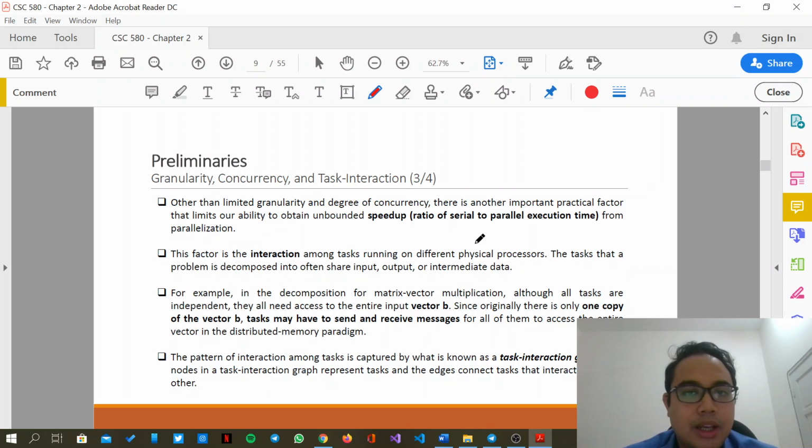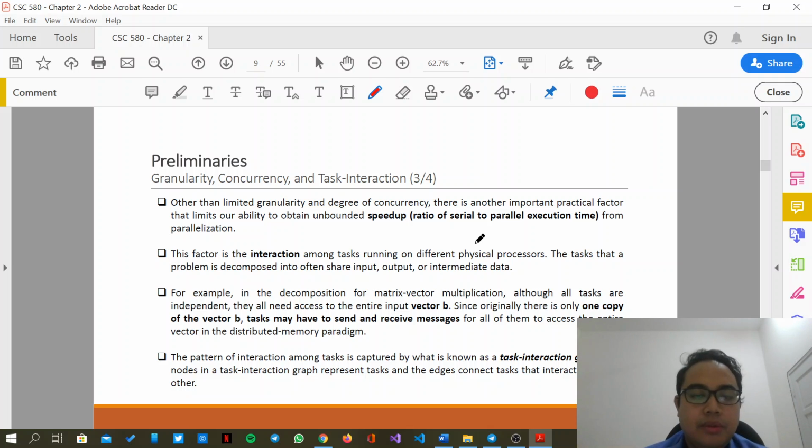Every task has interaction between them. Maksudnya in order for them to obtain data, okay, process A nak data from process B, what does it need to do? It has to interact with process B. So interaction ni plays a very crucial role in speed up punya ratio ni. Okay, bukan setakat granularity dengan degree of concurrency je, interaction pun plays a vital role.